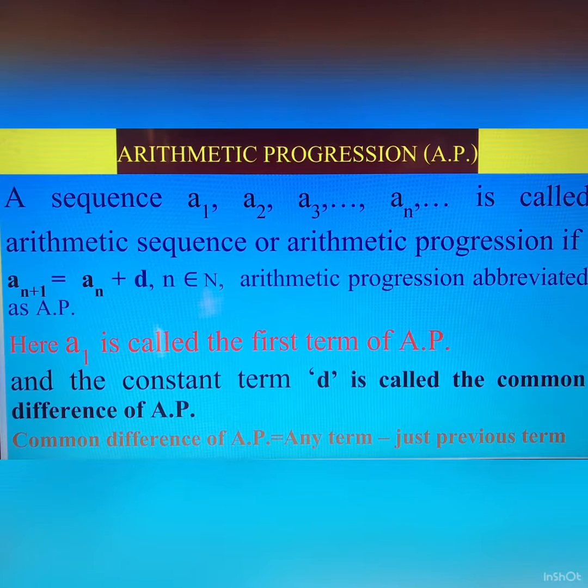That is, a2 minus a1 equals a3 minus a2 equals a4 minus a3. So this is the formula for the common difference, and the common difference is a constant number.